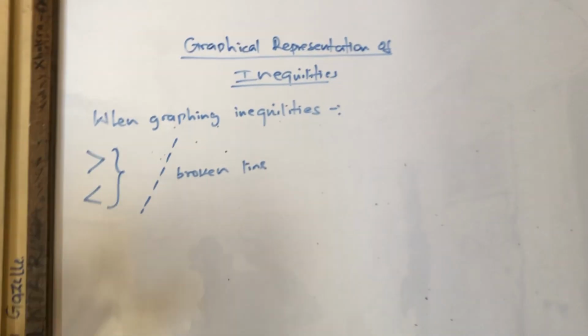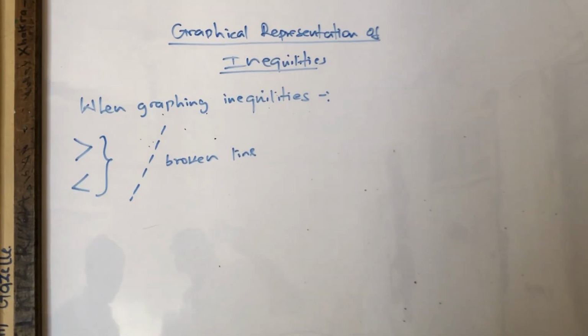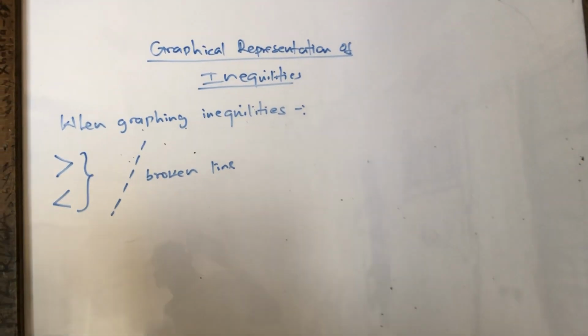Whenever you have these two inequality symbols, you will be required to use a broken line to graph the inequality.